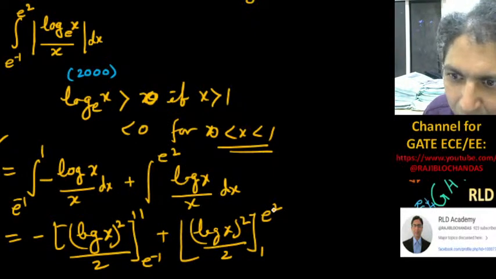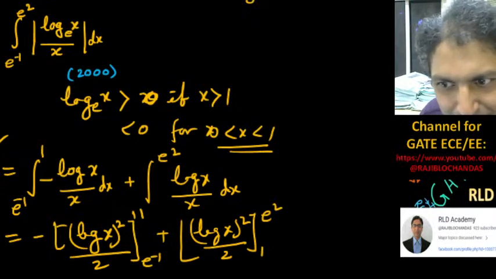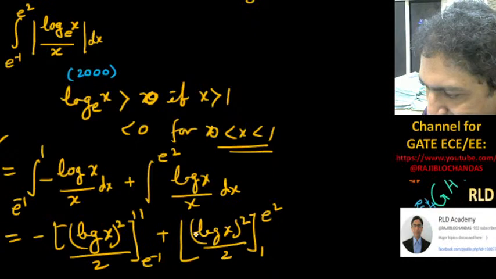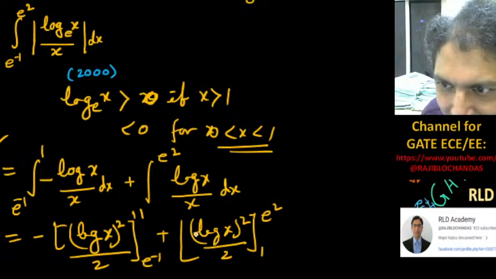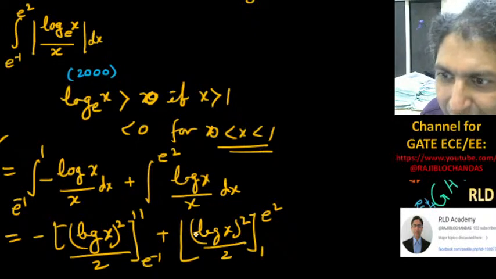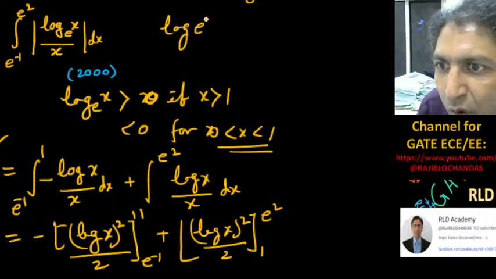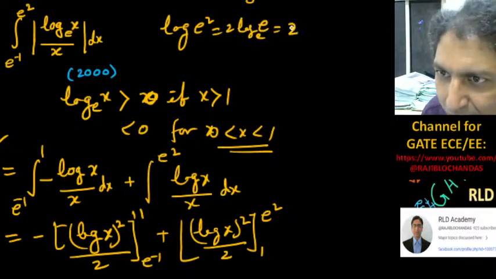When log 1 is 0, and be careful here, log e to the power minus 1 is minus 1, and log e square is 2. That's simple. You replace these two things. Log e square is 2 into log e base e, which equals 2.